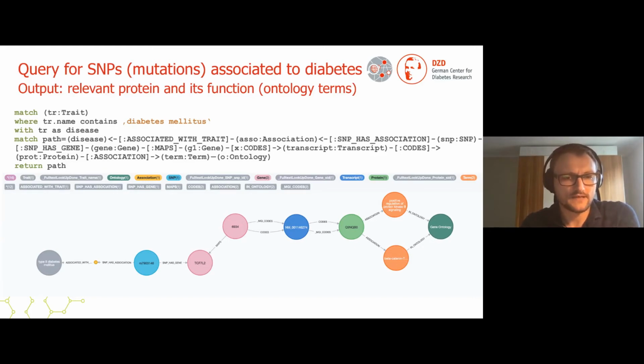On the left side here, the gray node, which is connected to this single point mutation here in cyan. And this is connected to a gene here, again, TCF7L2, and its mappings, as well as its RNAs and the proteins. The protein is in green. And we see the terms from an ontology here in orange, and you see the ontology, which is called gene ontology. So we have standardized names for the proteins and the functions.